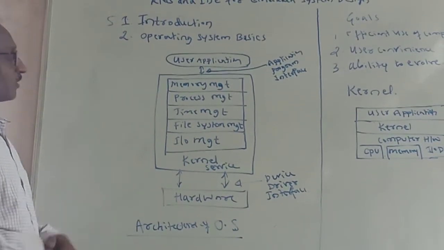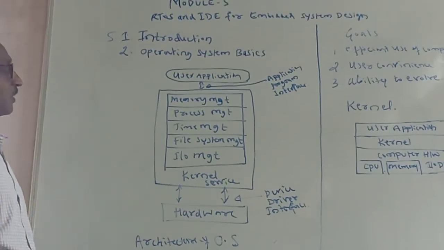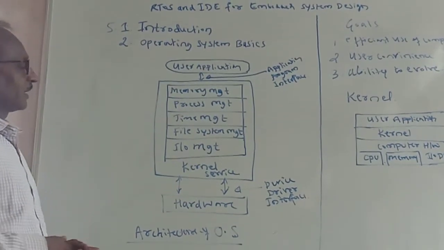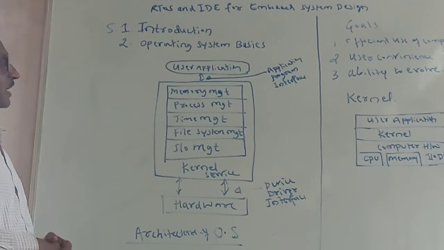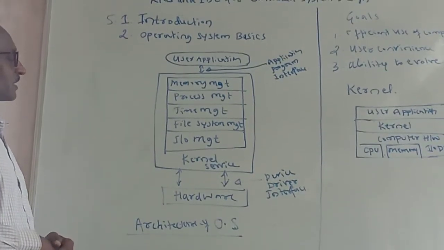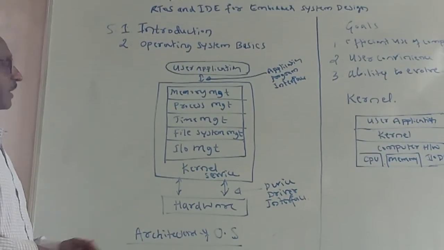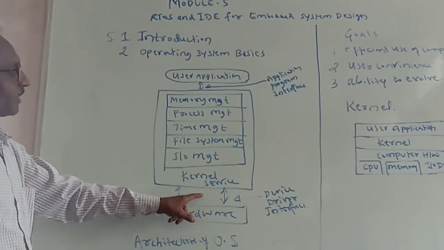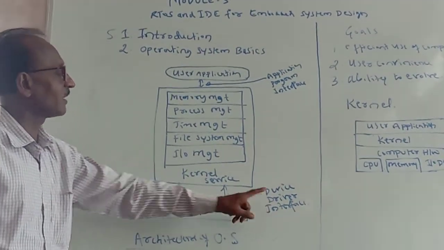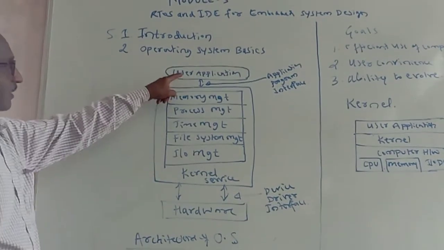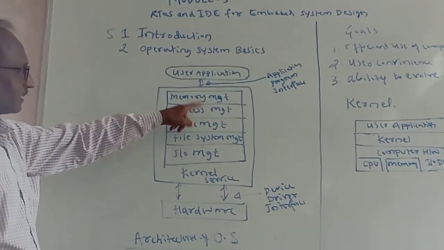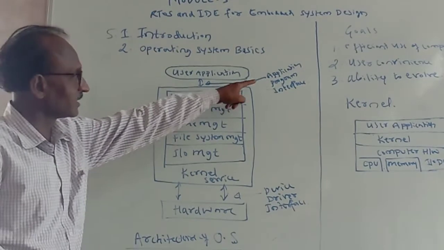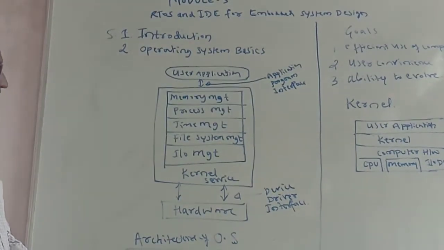Then you come to the hardware. Hardware is the keyboard, mouse and many input devices connected to the operating system. In between the operating system and hardware there is a device driver interface. Then in between the user application and the kernel there is the application program interface.